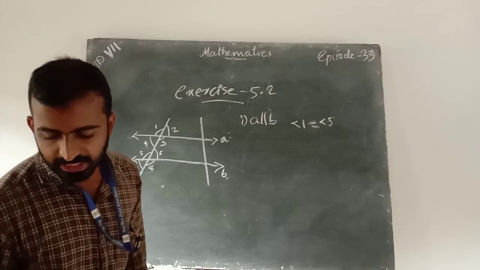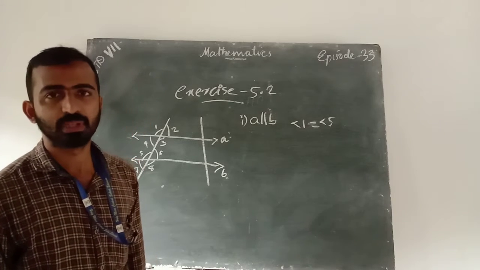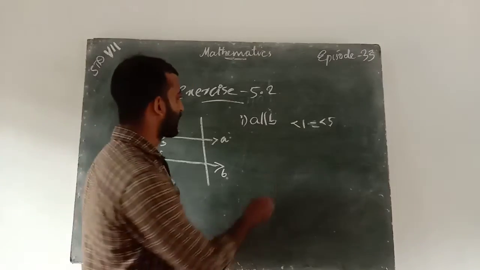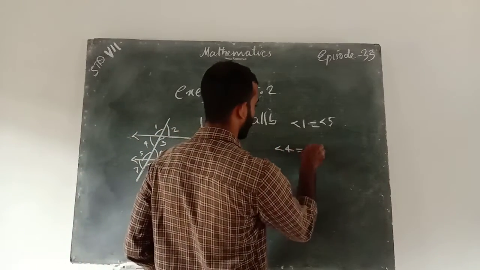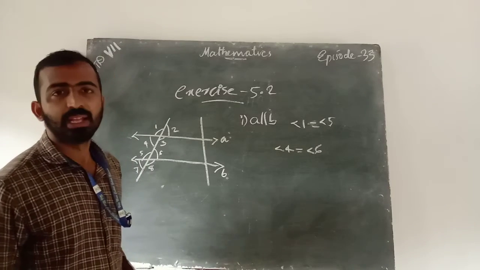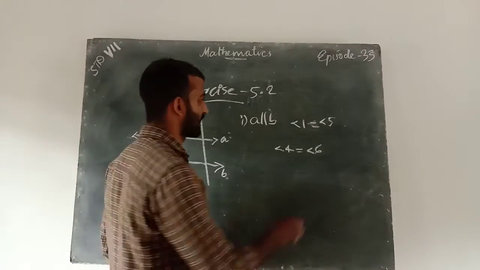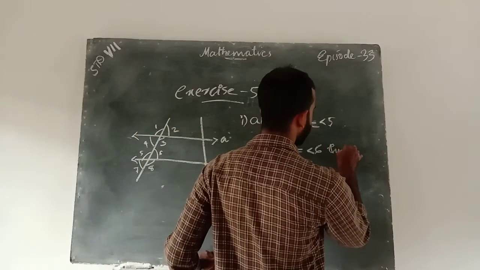Next question is: if angle 4 equal to angle 6, then A parallel to B. What is the reason or the property?